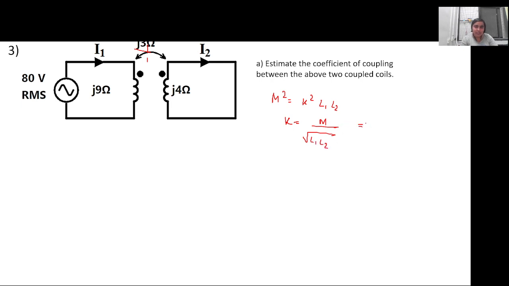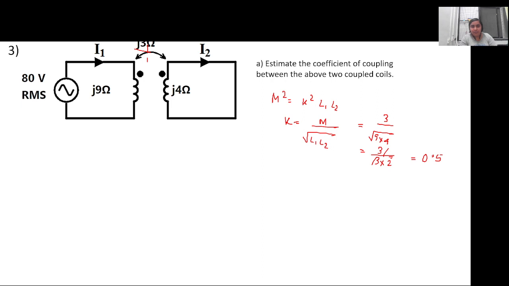This is very straightforward, right? Mutual inductance is given as 3, L1 is given as 9, L2 is given as 4. So it is 3 by 3 into 2, which is equal to 0.5.